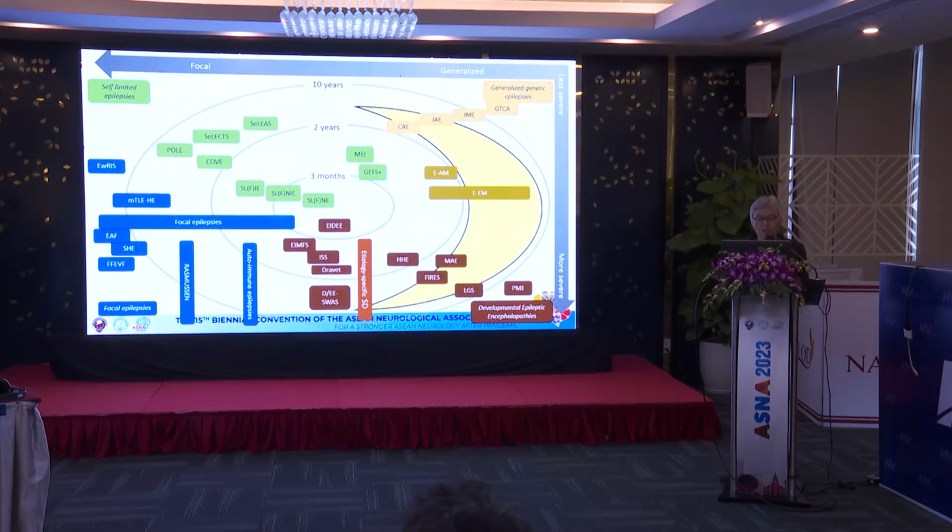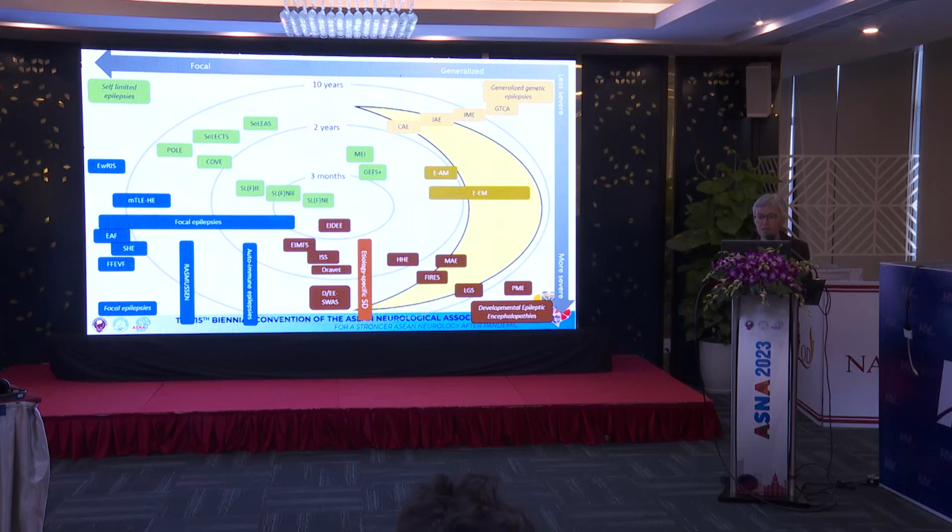So when we go back to the map, we are somewhere here. You know, between 2 years and 10 years, in the generalized part, somewhere here. But somewhere here, you have quite a lot of syndromes.